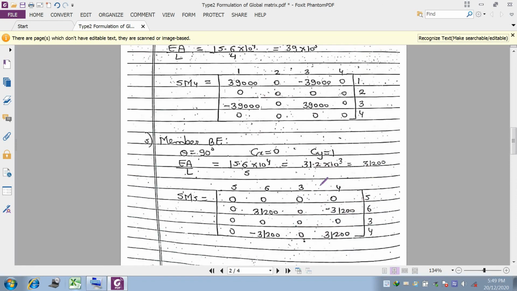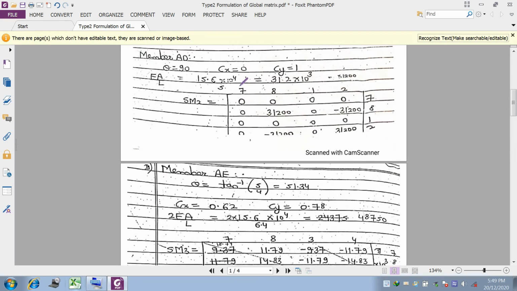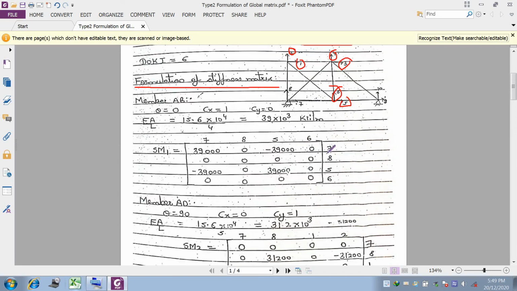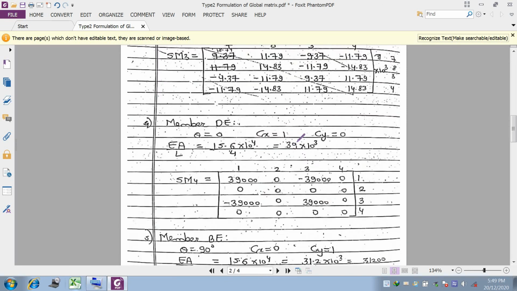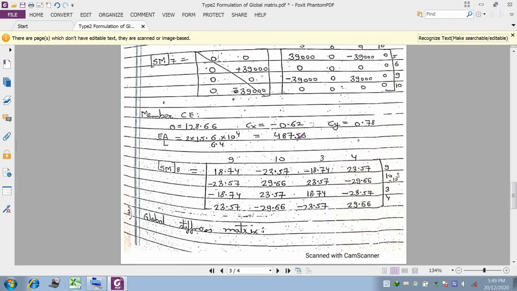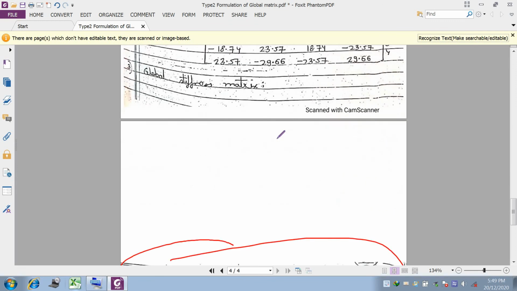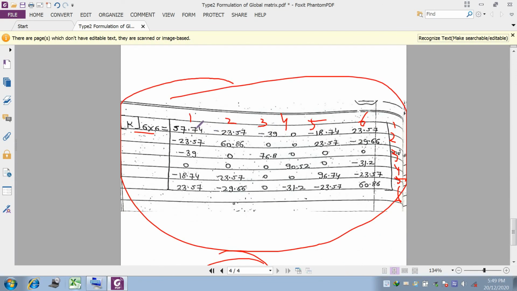Then 3900 is there, then this also 00 is there. So 3900 or 18 value is there. When you club these values, 39 plus 18 is equal to 57.74 into 10 to the power 3. This 10 to the power 3, make it common outside the bracket.